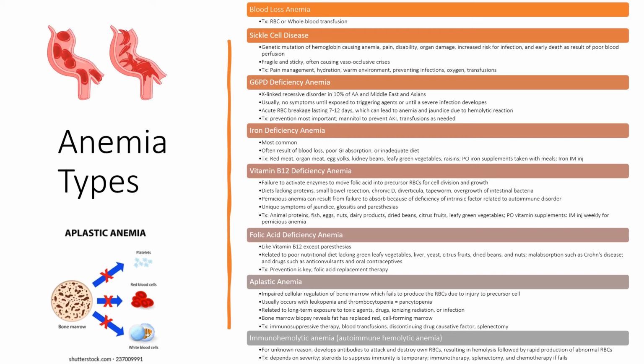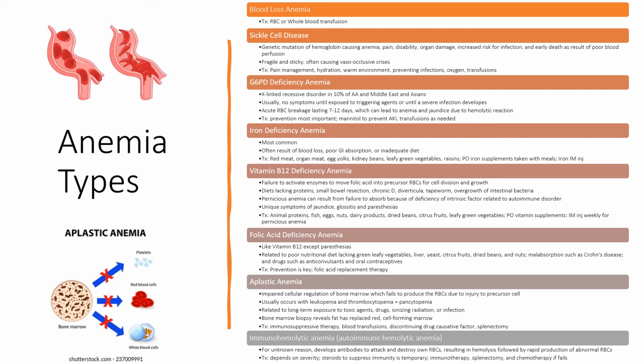Aplastic anemia is the picture here at the bottom. So it's an impaired cellular regulation of the bone marrow, and so it starts at the bone marrow. It fails to produce mature red blood cells due to an injury to the precursor cell.